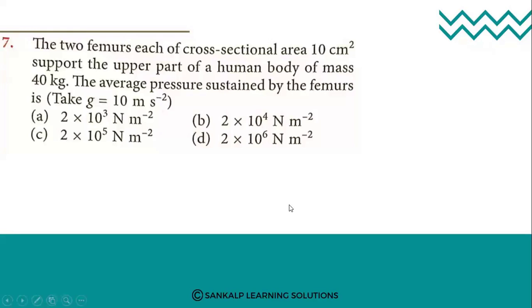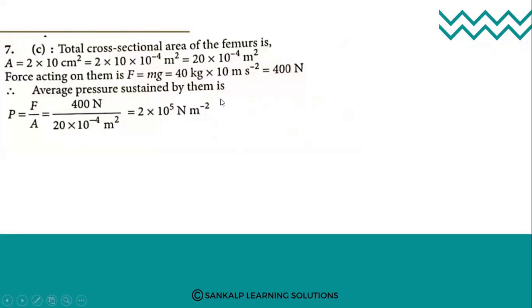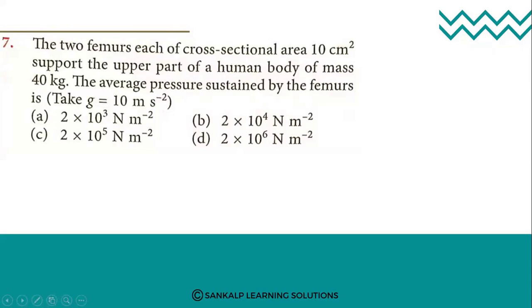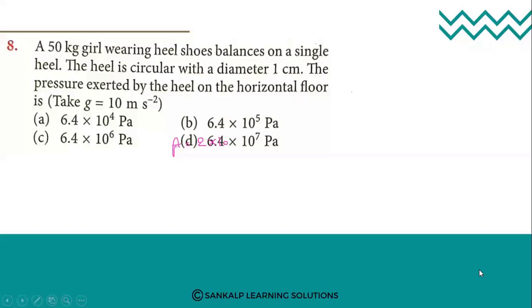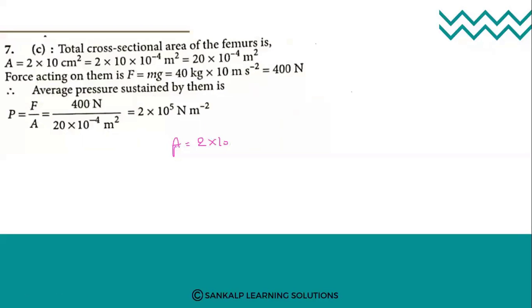The formula is rho g h, but here the area and mass are given. So we can go for the basic formula, pressure is equal to force upon area. Here the area is given as 10 centimeters square.